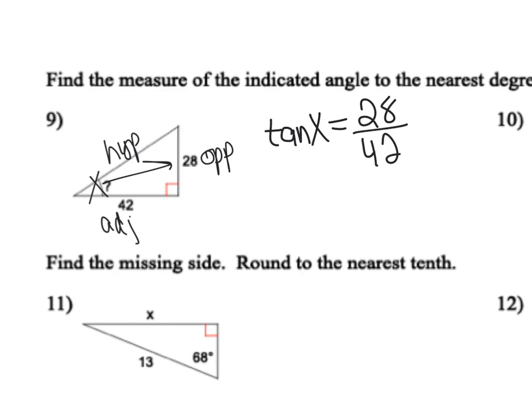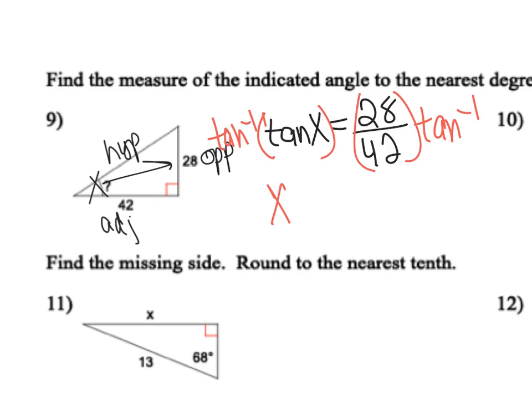When we're finding angle measures, we are taking the inverse tangent of both sides. So what we'd actually be doing here is taking the inverse tangent, which is on your calculator, that tan -1, of both sides. And what that does on the left is eliminate the tangent, so you're just left with x.